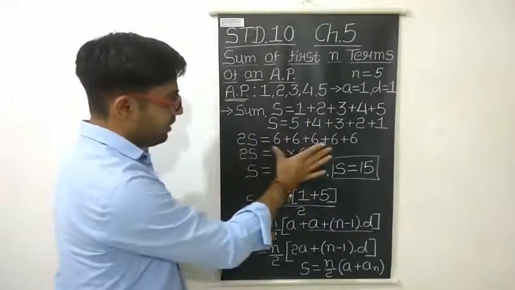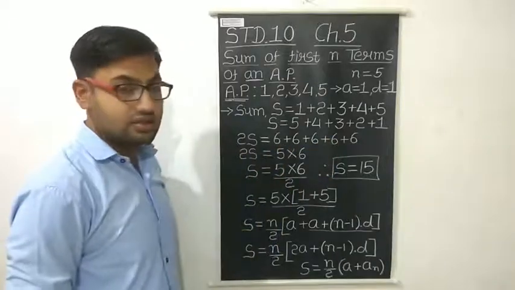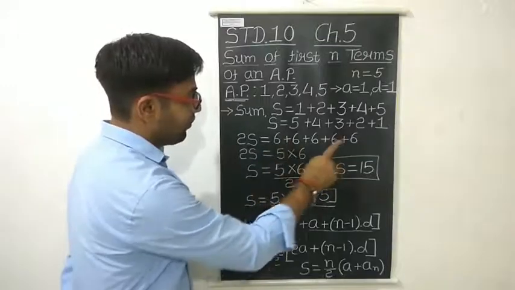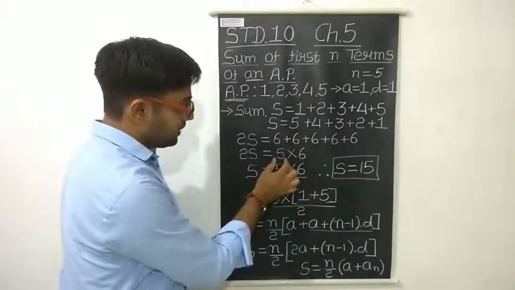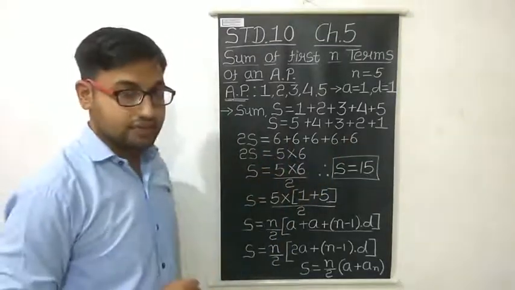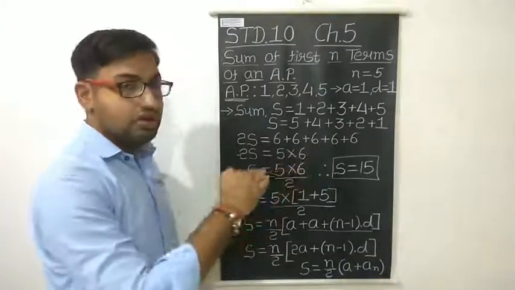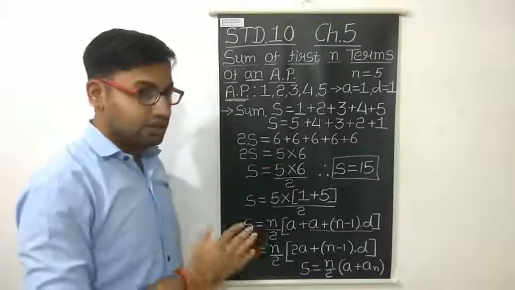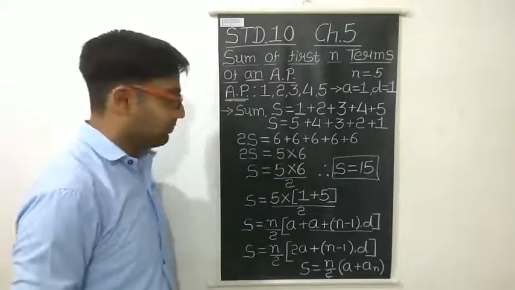How many times is it? 1, 2, 3, 4, 5. So we can write it as 5 multiplied by 6.